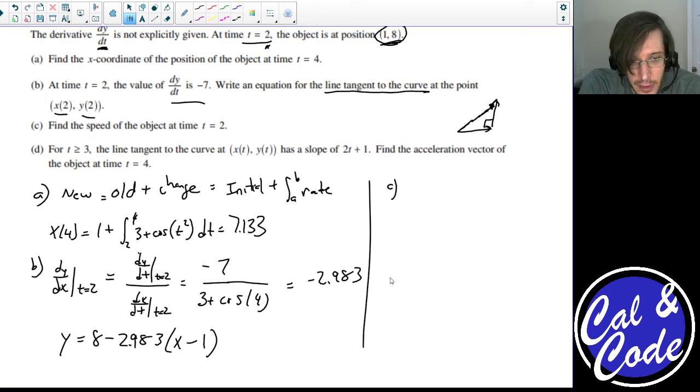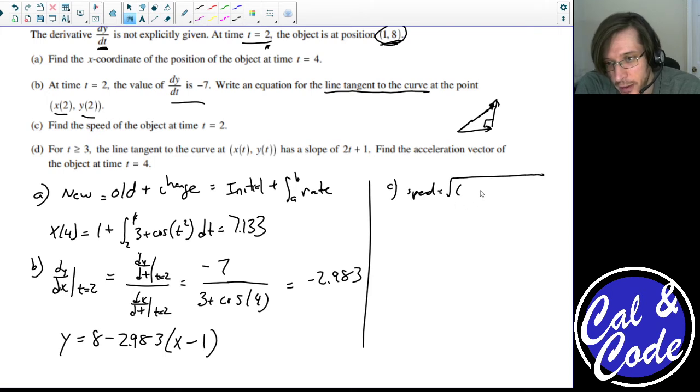I already know what both dx/dt and dy/dt are at 2. To find speed, I need to take the square root of x prime of 2 squared plus y prime of 2, all squared.